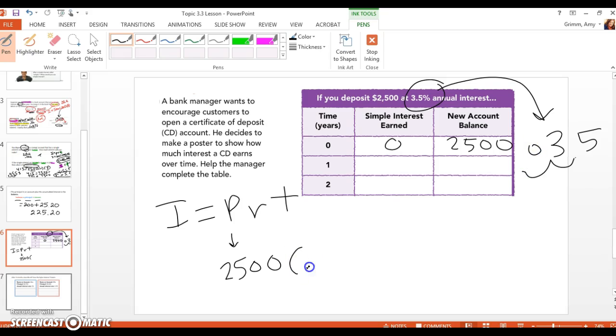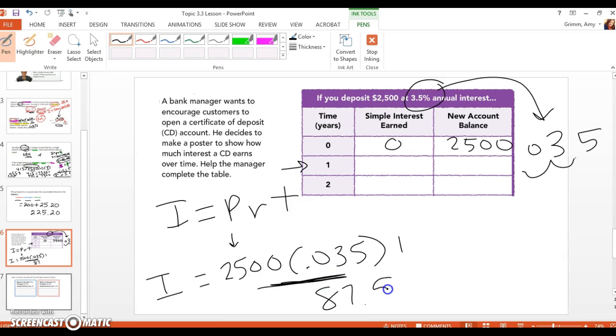So I'm actually going to put in 0.035. And then I'm going to take that times the time, which here says it is 1 year. And that is going to give me how much interest I make. All right, so all I have to really do here is multiply these two numbers together, because I'm going to multiply by 1, and that won't change the answer. So 2,500 times 0.035 gives me $87.50.